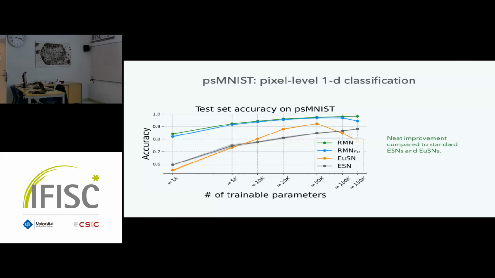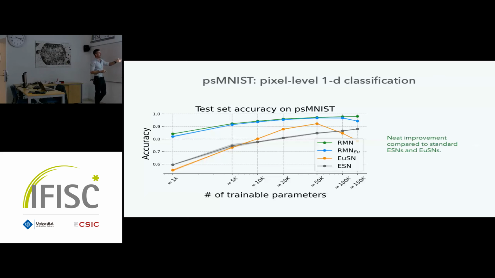All right, so what you can see here is, on the vertical axis, the accuracy. On the horizontal axis, we scaled the reservoir systems and we counted the number of resulting trainable parameters. Trainable parameters are only the connections from the last reservoir, the green reservoir, to the output layer, only those.